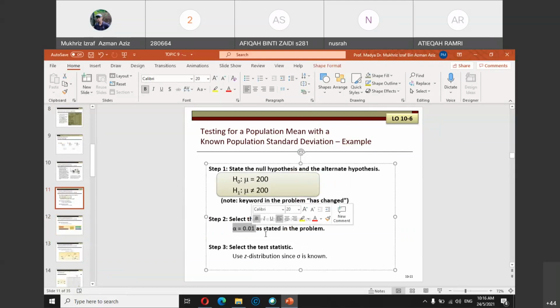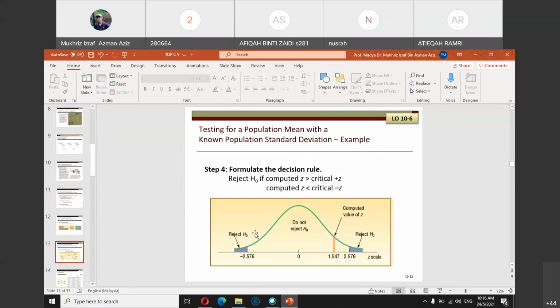If it is 1%, then you need to divide it into two, one on the left tail, the other on the right tail. So in this case this part will be 0.005, whereby 1% divided by 2. This also will be 0.005.